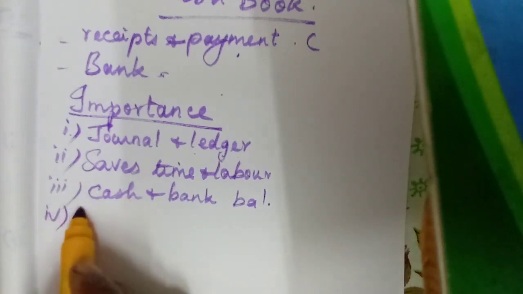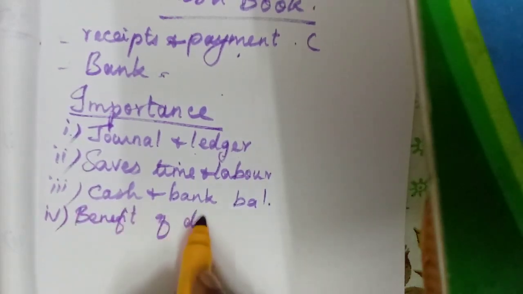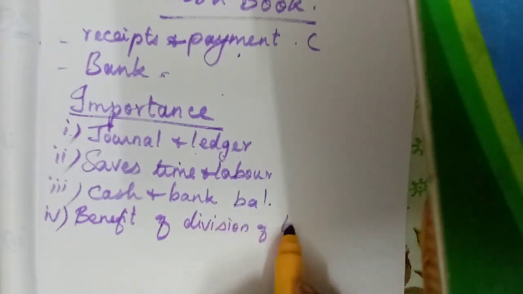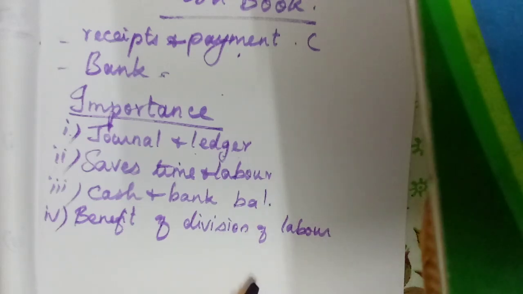Benefit of division of labor. Division of labor means a particular work will be done by the same worker or the same staff repeatedly, so that he is specialized to do that particular work. Here this division of labor is carried out because it is a separate book.